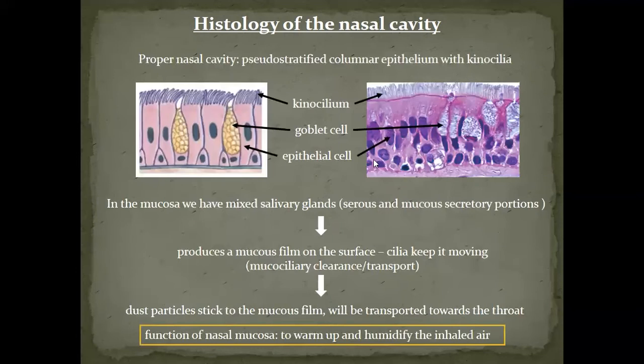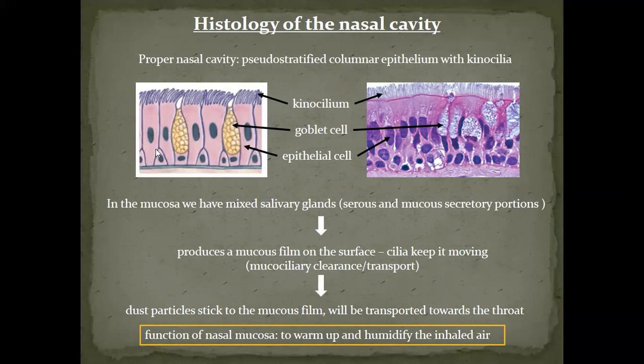The nasal cavity proper, as mentioned, has a pseudostratified epithelium. Pseudostratified means that all of the cells of the epithelium are in contact with the basement membrane, but not every cell reaches the apical surface.